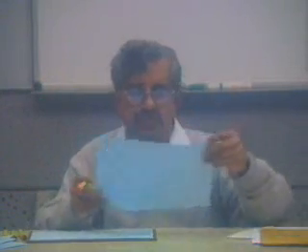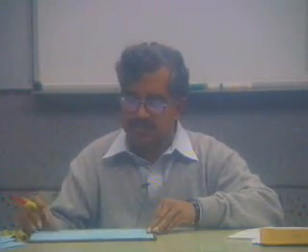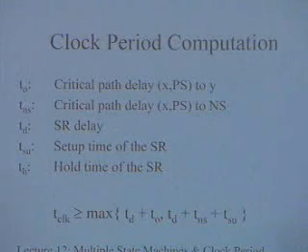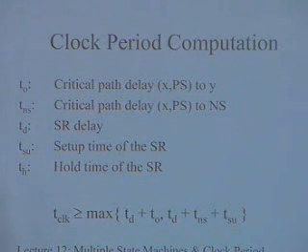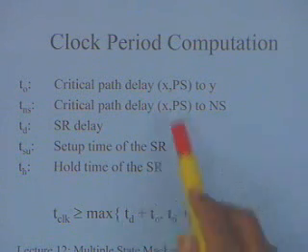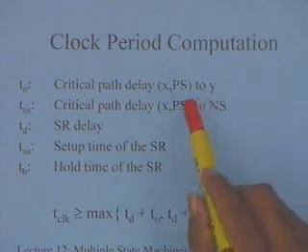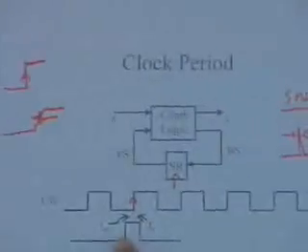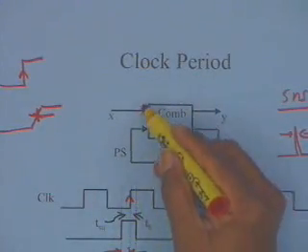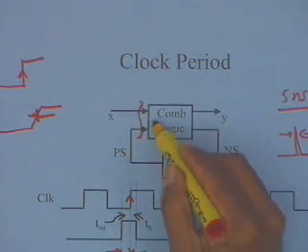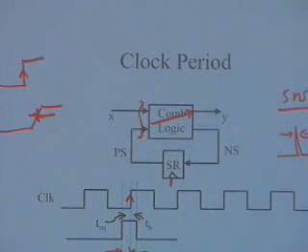So once we know all these details, now I talk in terms of the clock period. Here I specify all the timings which are important to us. The timings that are important to us are critical path delay XPS to Y. X and PS are the inputs, and what it means is, from all the possible inputs that I have, what is the maximum delay to Y?